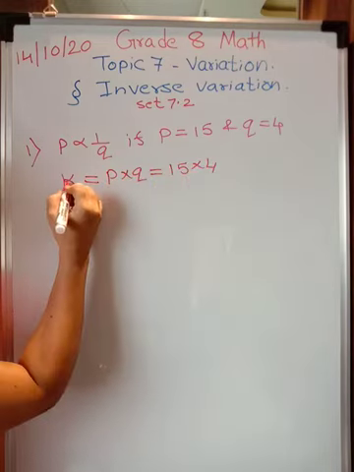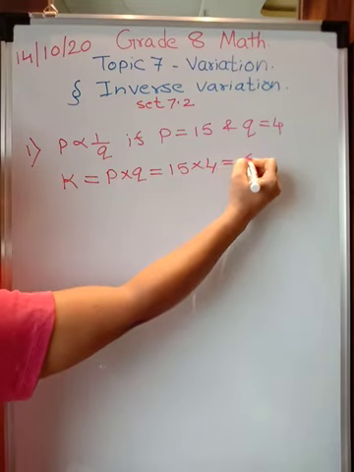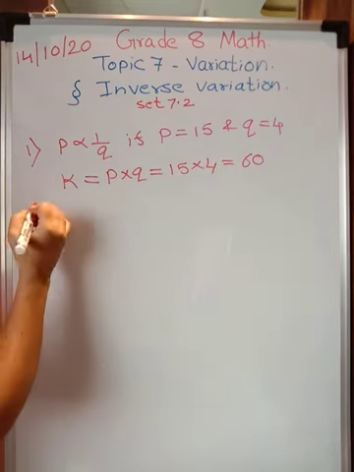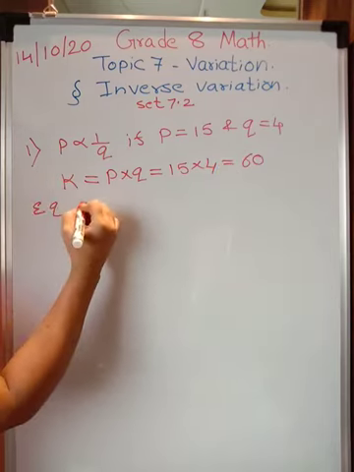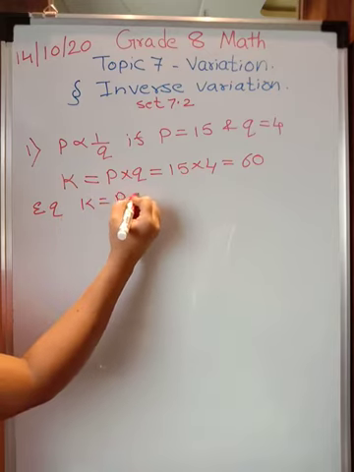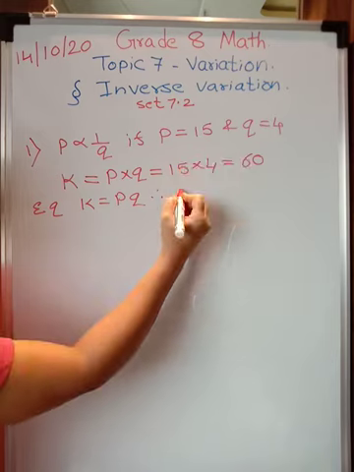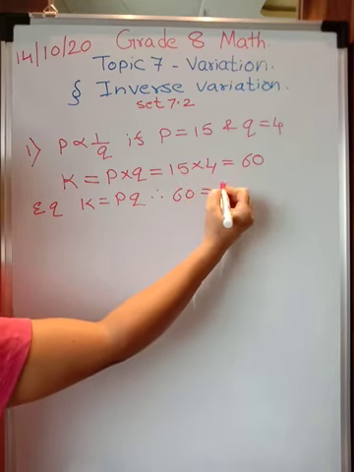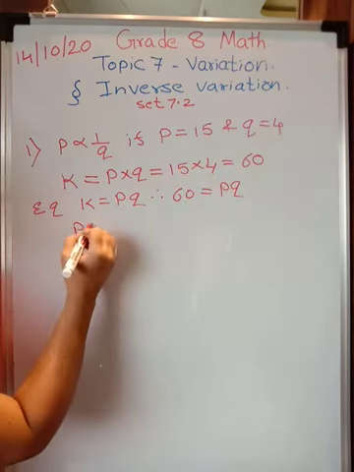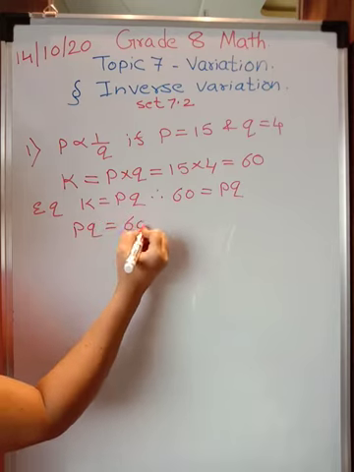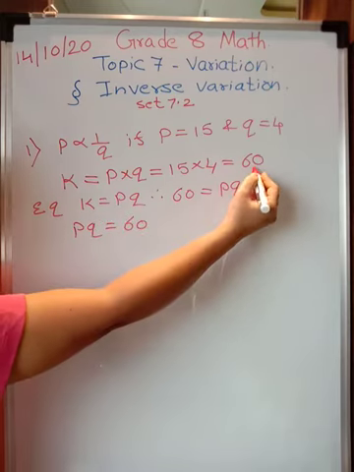So what is value of K? K will be equal to 60. This is first answer. And what is equation? Equation is K is equal to PQ. Substitute the value of K. Therefore, what is K? 60. So 60 is equal to PQ, or you can write PQ is equal to 60. So this is your equation and this is value of K.